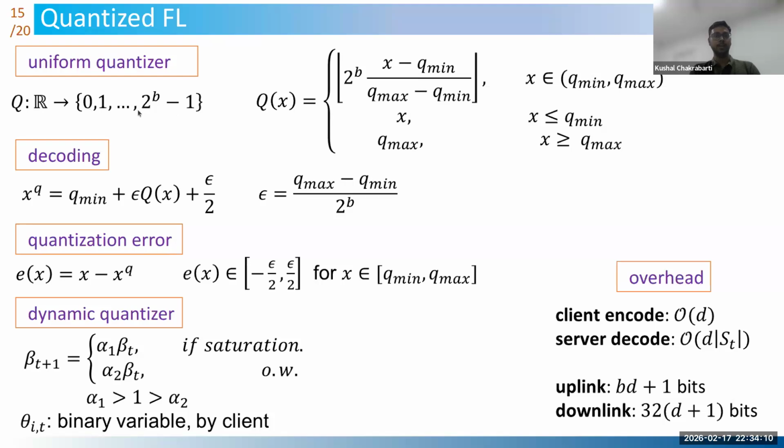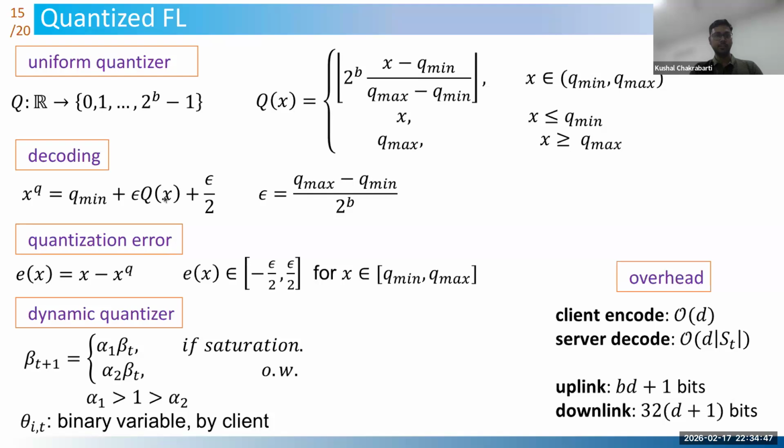How many integers depends on how many bits you are allowing to transmit. If you have b bits, there will be 2 to the power b bins, which split your interval from q min to q max into a certain number of levels, and depending on where your actual value is, you send the floor of that particular interval. So instead of sending the actual x, the clients will send the quantized qx.